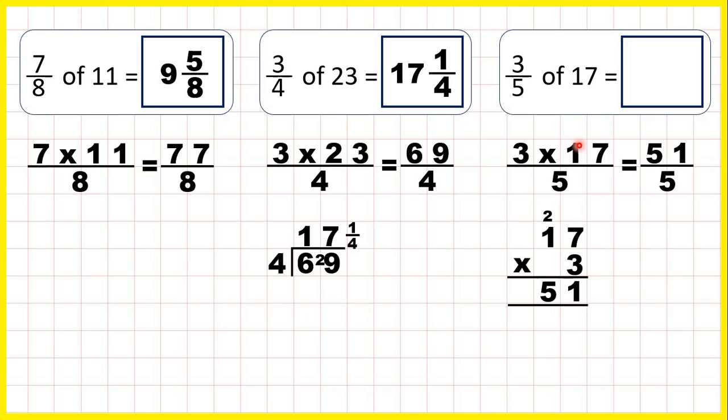So 3 times 17 is 51, so we have 51 over 5. So to change that back into a mixed number, we need to divide. 51 divided by 5 is 10 remainder 1, so 10 is our whole number, 1 is our numerator, and the denominator stays the same, so our answer is 10 1/5.